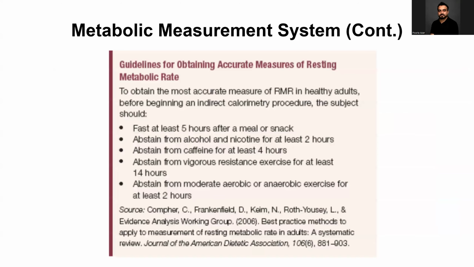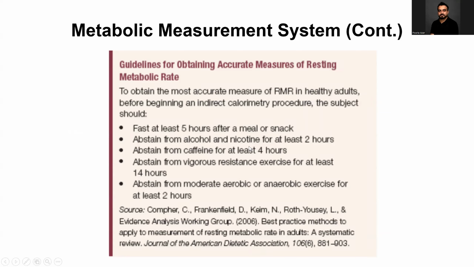And here are the guidelines for obtaining accurate measures of resting metabolic rate. This is from your textbook. To obtain the most accurate measure of RMR in healthy adults, before beginning an indirect calorimetry procedure, the participant should fast at least 5 hours after a meal or snack.